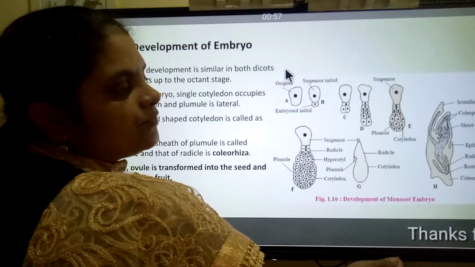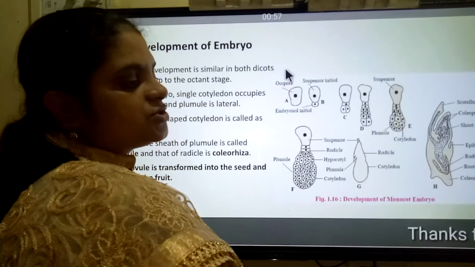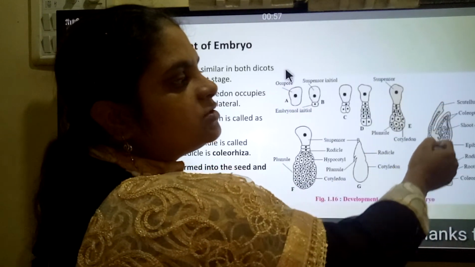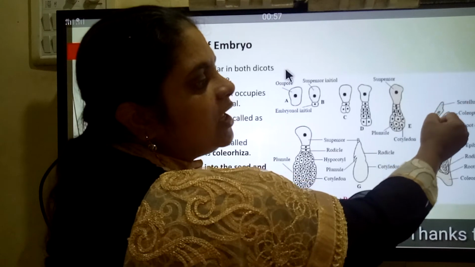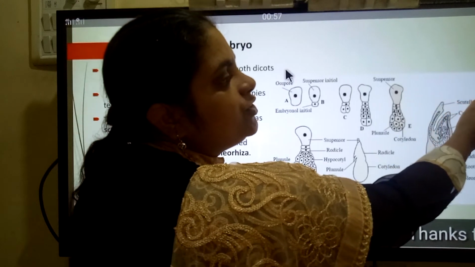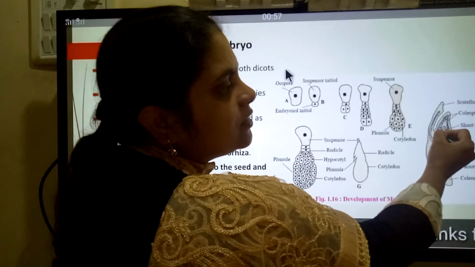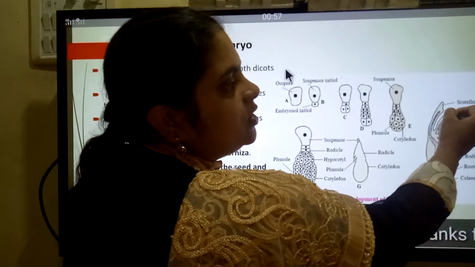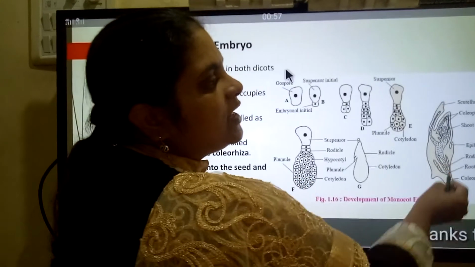If you observe this structure in the monocotyledon seed, this shield-like structure is called the scutellum. And this covering is called the coleoptile.